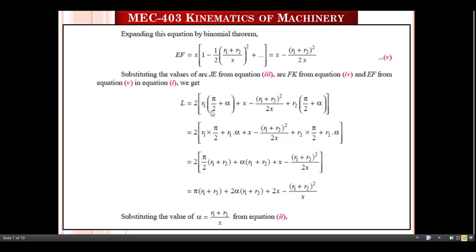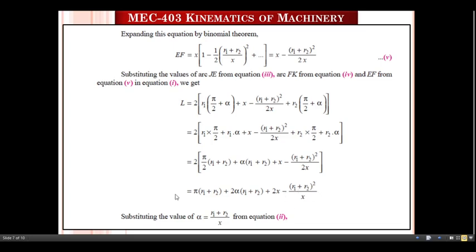Now just multiply the R1 term inside, and rearrange all the terms in such a way that we get this relation: pi into (R1 plus R2) plus 2 alpha into (R1 plus R2) plus 2X minus (R1 plus R2) whole bracket square divided by X.